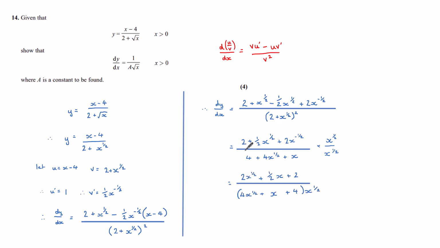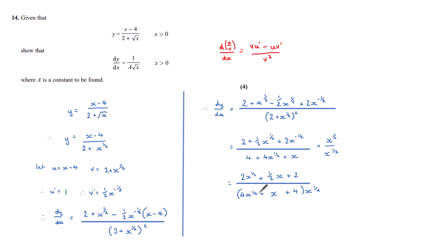So that gives me 2x to the half plus a half x plus 2 on the numerator. And on the denominator, I'm just going to rearrange this. This 4 plus 4x to the half plus x is the same as 4x to the half plus x plus 4. And I'm going to leave that x to the half on the outside of this bracket.